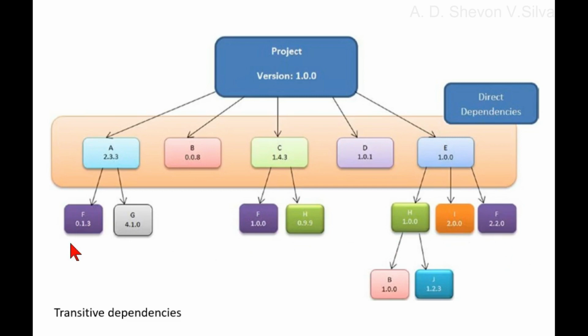In this scenario, Maven will use the first found dependency, which would be 0.1.3 and not the latest 2.0 version. If you want Maven to use the latest 2.0 version of Artifact F, you need to explicitly add that version dependency to the pom.xml file.